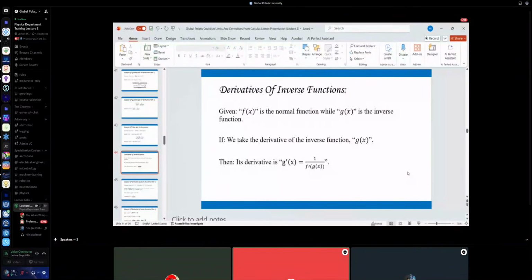So if g of x is the inverse function for f of x, and we take the derivative of the inverse function, the formula is g prime of x equals 1 over f prime of g of x. So that's basically what's happening.